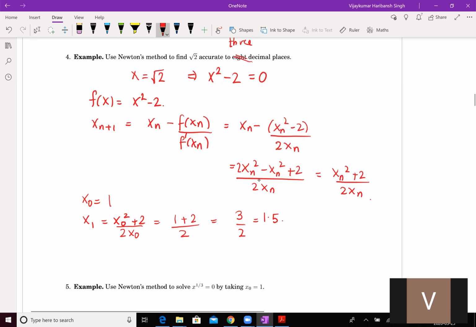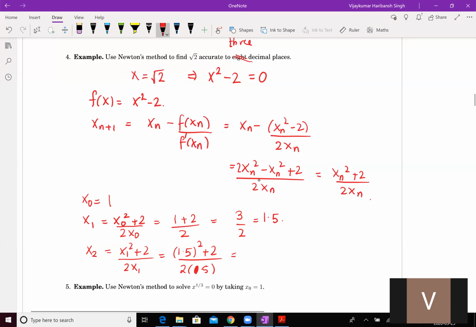So let's try the next one now. We have x2 is (x1 squared plus 2) divided by 2 x1, which is going to be (1.5 squared plus 2) divided by 2 times 1.5. 1.5 squared is 2.25.